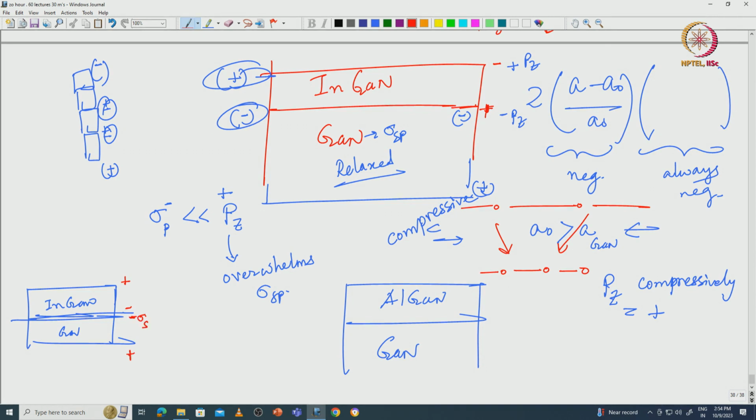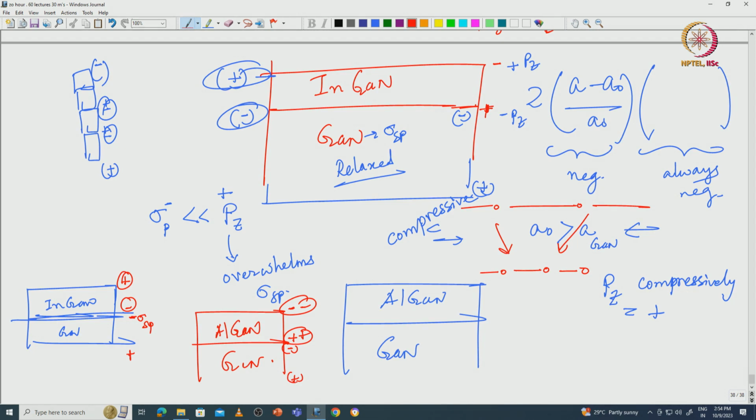This is the spontaneous polarization of GaN, and this is the net polarization of InGaN. But for AlGaN-GaN it is opposite, so this is AlGaN and this is GaN. So the piezoelectric polarization is negative, the spontaneous polarization is also negative; the piezoelectric polarization is positive, spontaneous is also positive. So the net is positive, the net is negative. Gallium nitride gives a negative here and a positive here.